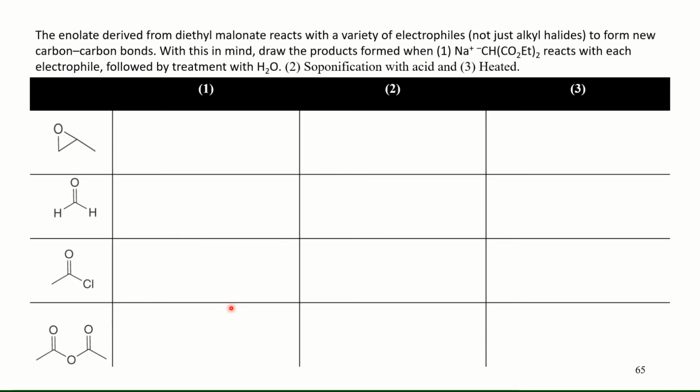In the second column, then we have saponification. So therefore, in that first column, we do have the alkylated malonic ester. In the second column, we should have the diacid. And in the third column, we should have our acid.